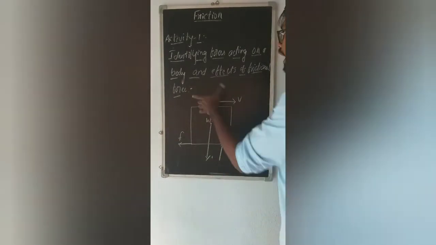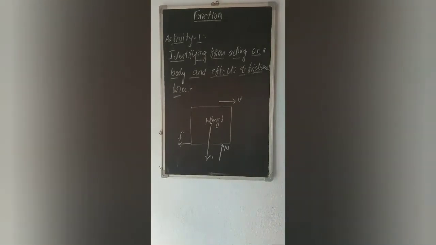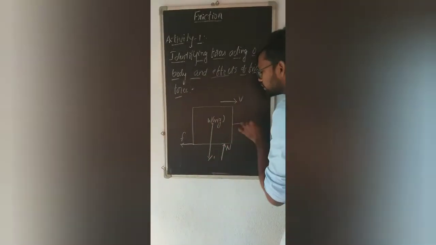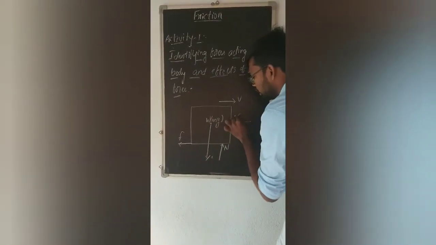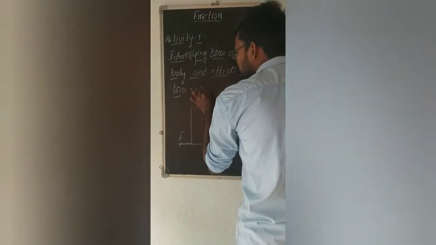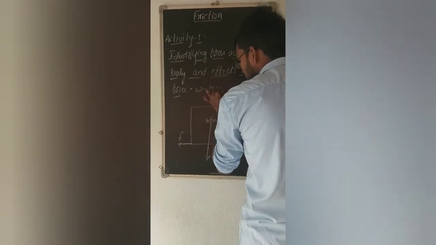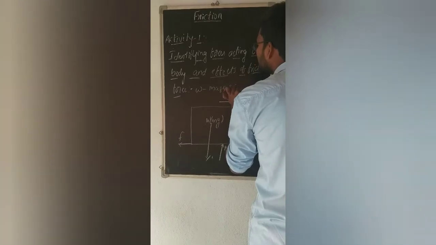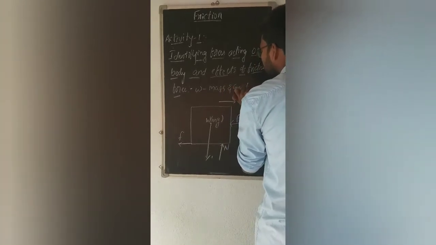This is about identifying forces acting on a body and the effects of frictional force. This is how we identify them, and the applied force acts in this direction. I already told you W means mass and gravitational force.